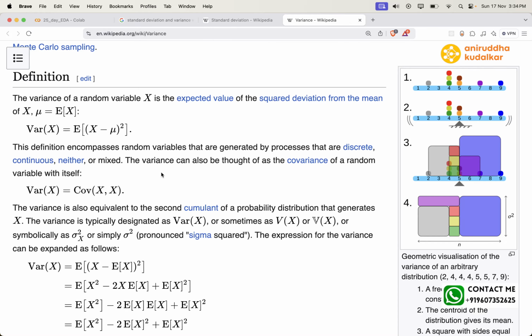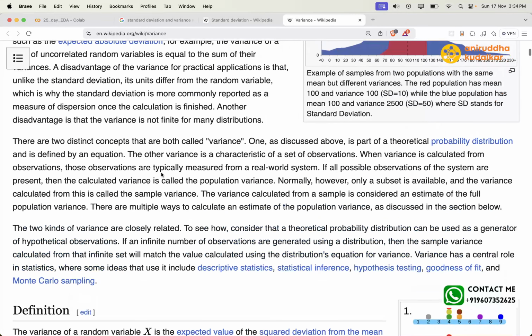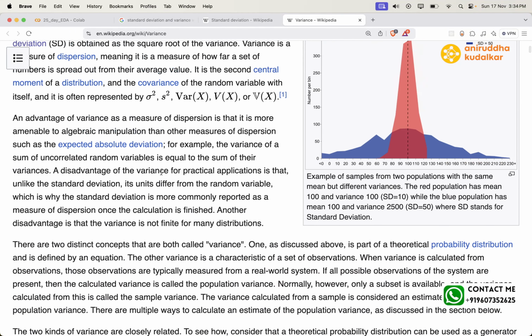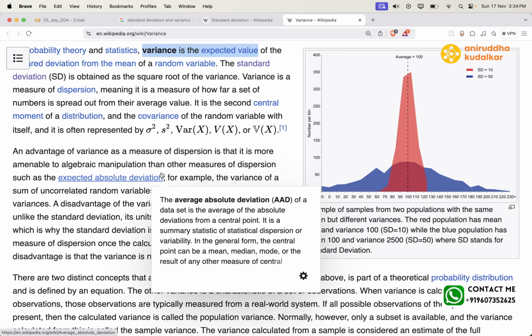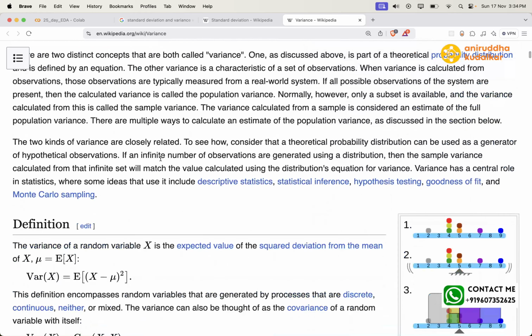This will tell you how the values are spread over the distribution.